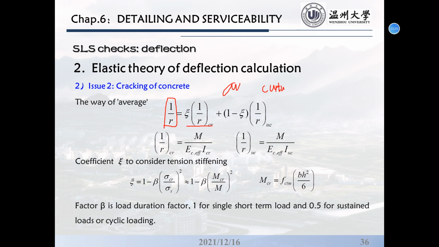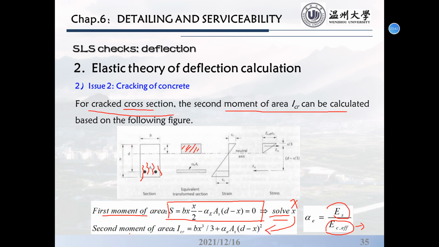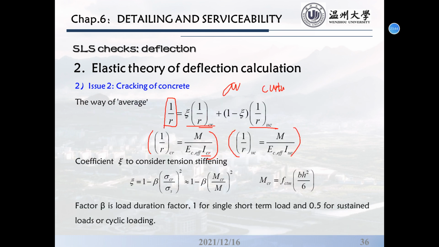It's related to the cracked or the uncracked. For this one and this one, we use different second moments of area. And for the coefficient, we need to consider tension stiffness here.